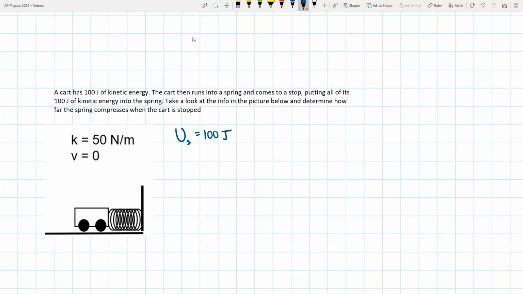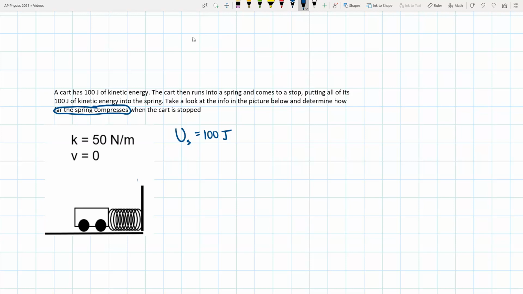Then take a look at this info and determine how far the spring compresses when the cart is stopped. So originally the spring was all stretched out in its happy place, and then down here it got hit by the cart and it gets compressed.